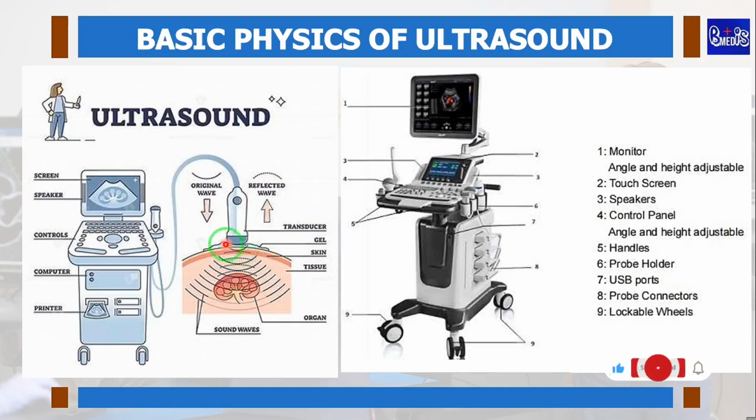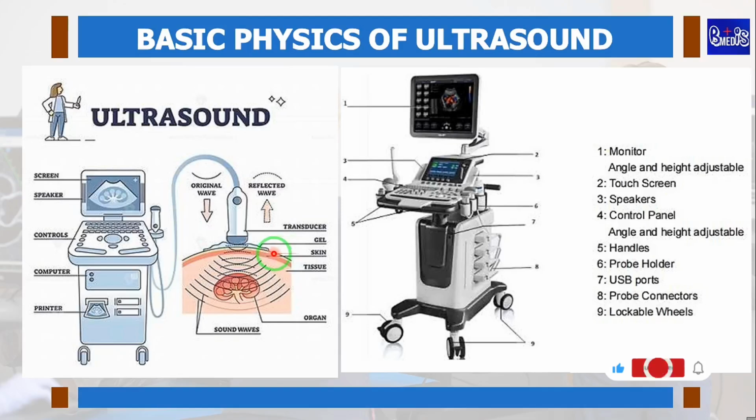So we need a coupler such as gel to eliminate the presence of air. That's why gel is usually used during ultrasound procedure, basically to eliminate any form of air between the skin and the footprint of the transducer. So that's why you have the gel there.